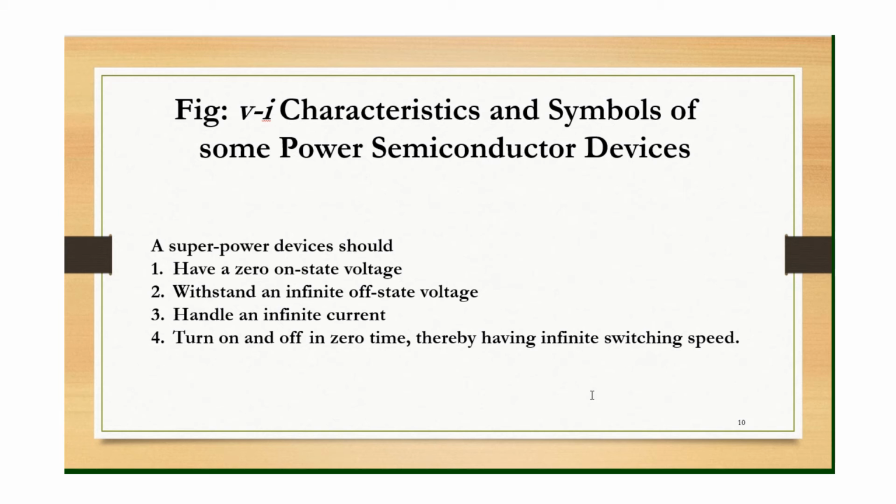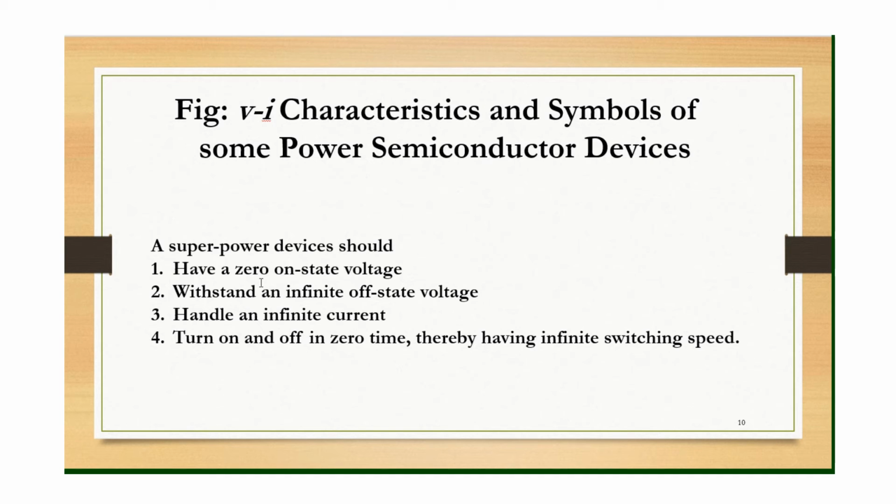So these power semiconductor devices, like as we had discussed in the previous session, mainly the advancement of all these power semiconductor devices is mainly to achieve characteristics of a super device. Super device in the sense, these are the typical characteristics a super device should have.